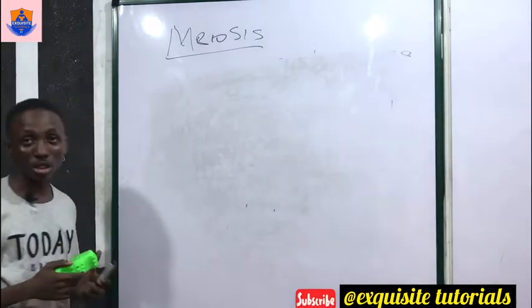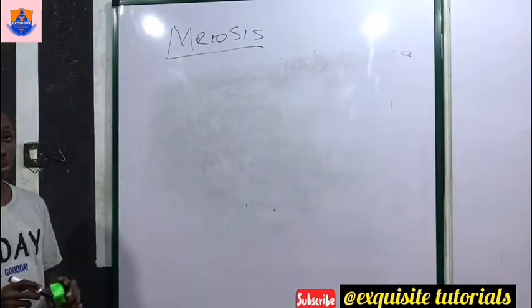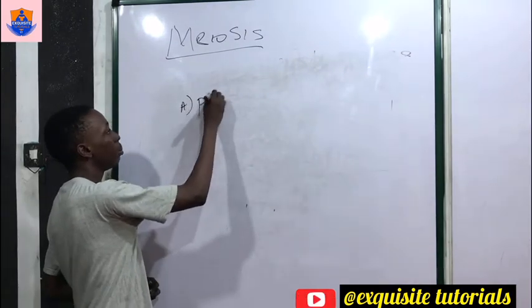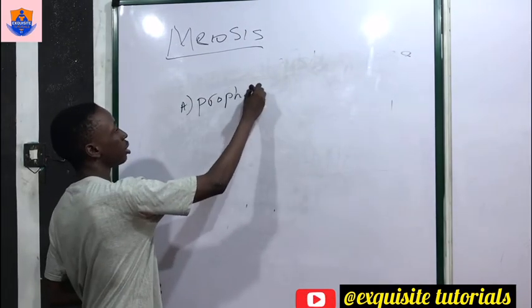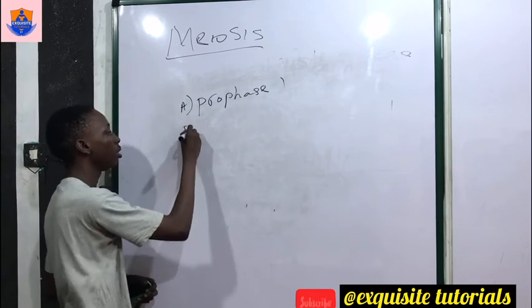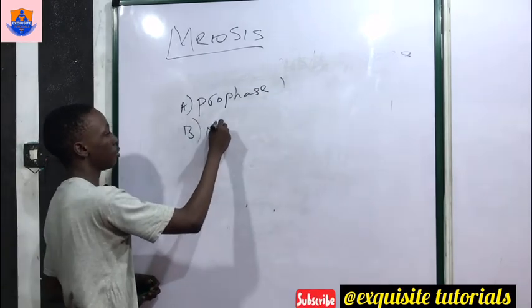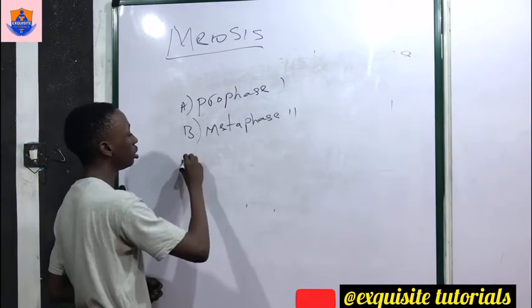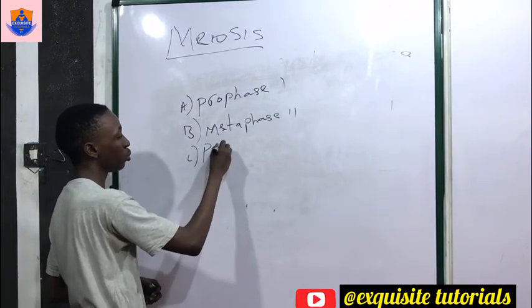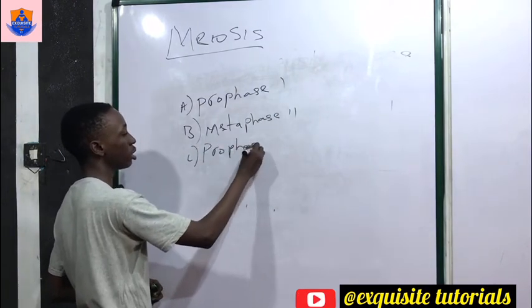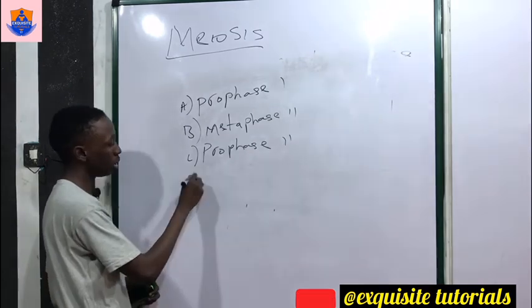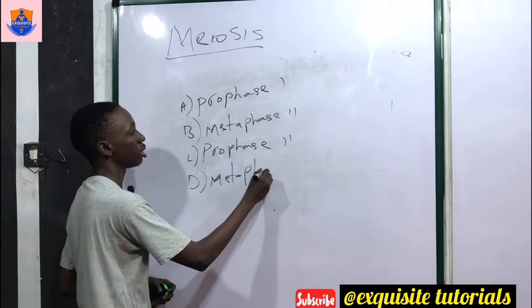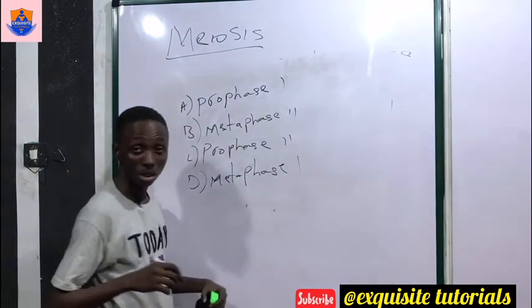In meiosis, crossing over will take place in which of the following? Is it A, prophase 1, B, metaphase 2, C, prophase 2, D, metaphase 1?